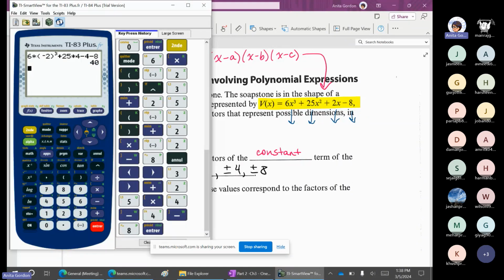Okay, plus and minus 1, no good. Plus and minus 2, no good.